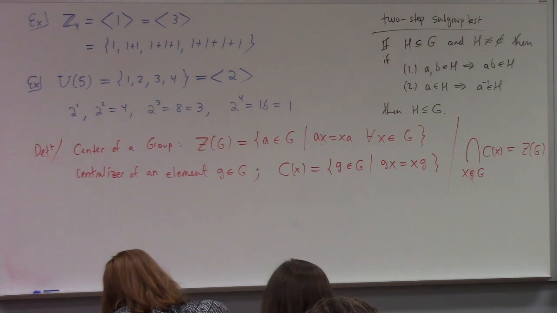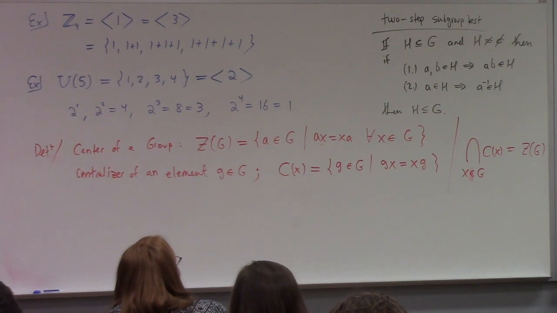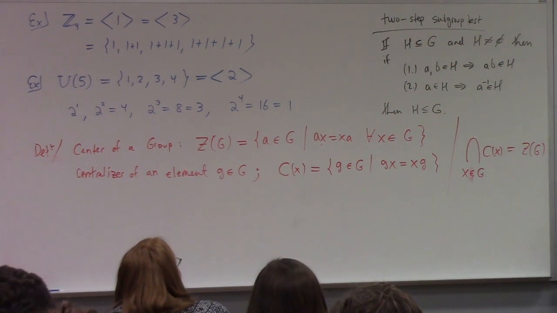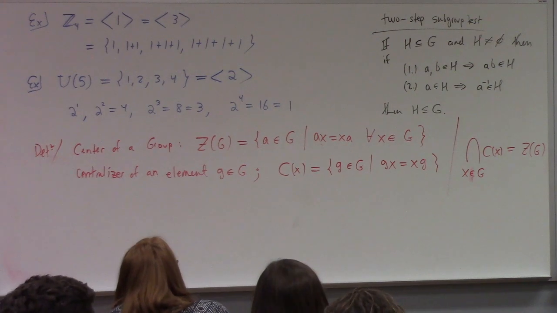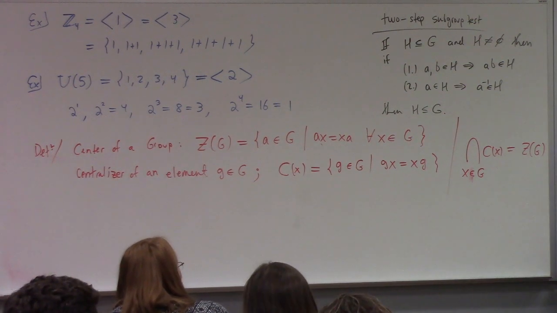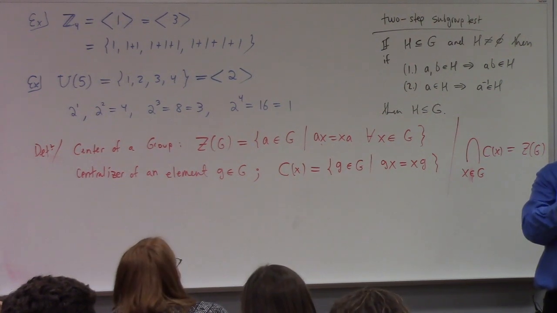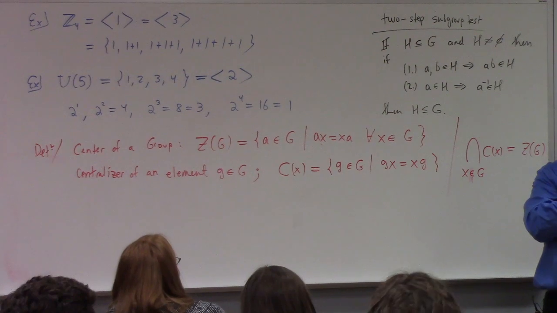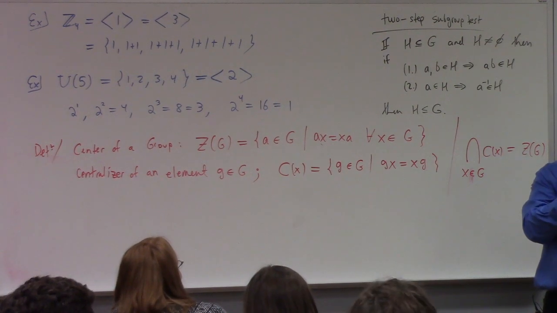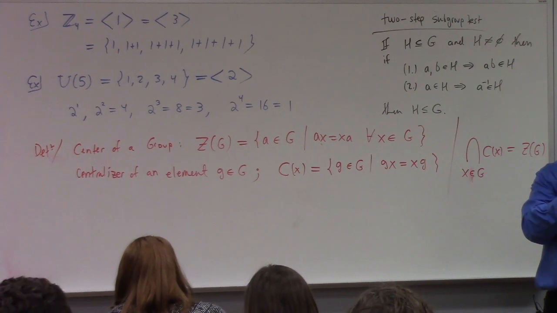Getting back to permutations for a second, you might wonder, so what's an important subgroup of permutations? It turns out, if you just look at the even permutations, it's pretty easy to see that the even permutations form a subgroup of permutations, right? Because if you take the product of two even permutations, it's still even. And if you think about the process of taking the inverse of a permutation, it doesn't change the cycle length.